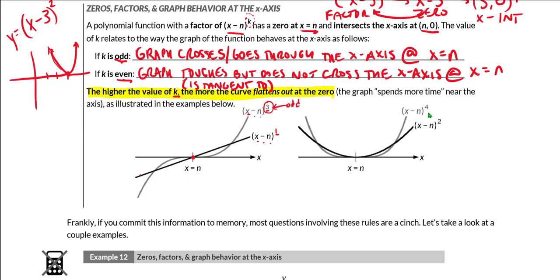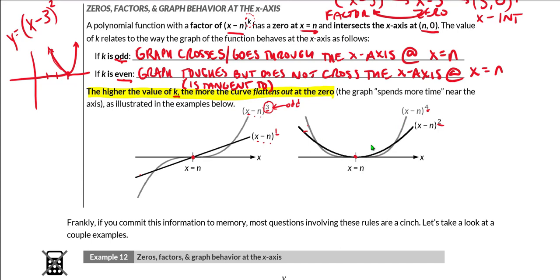Same thing with the even exponents. Again, remember, even exponents don't cross, they're just tangent to, so we can see both on this black curve that has that 2 exponent on the factor and that gray curve that has the 4 exponent on the factor. They both come down, touch at x equals n, and then go back up.